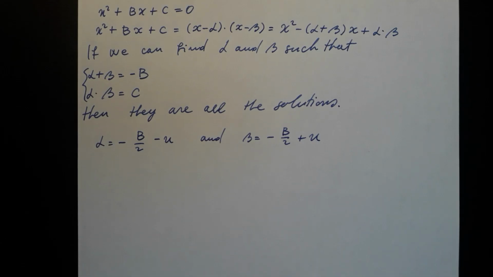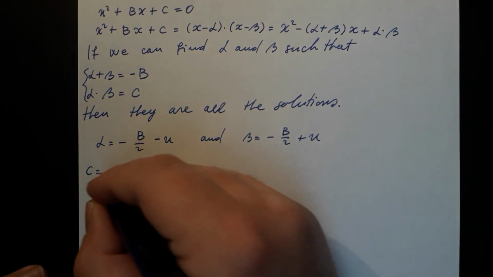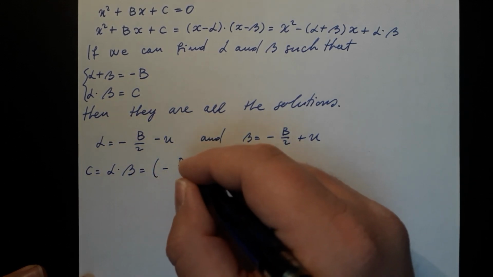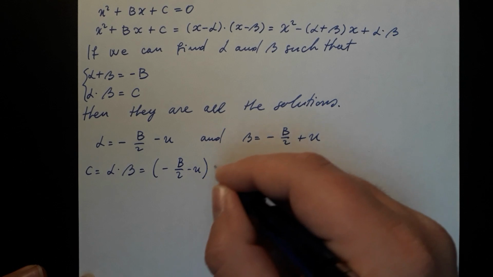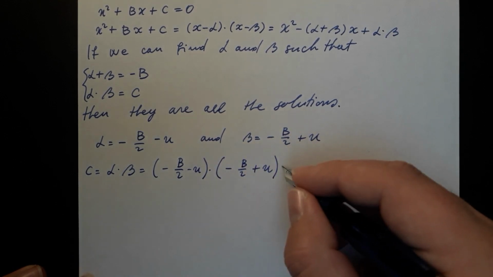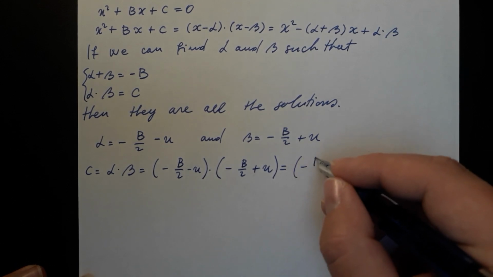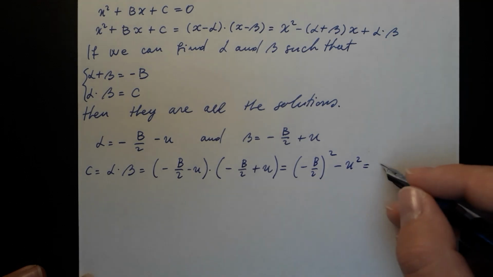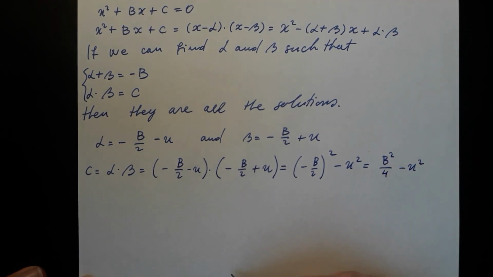And they are going to give us the product. From the second equation, c is equal to alpha multiplied by beta, which is negative b half minus u multiplied by negative b half plus u. This is equal to negative b half squared minus u squared, which is b squared over 4 minus u squared.